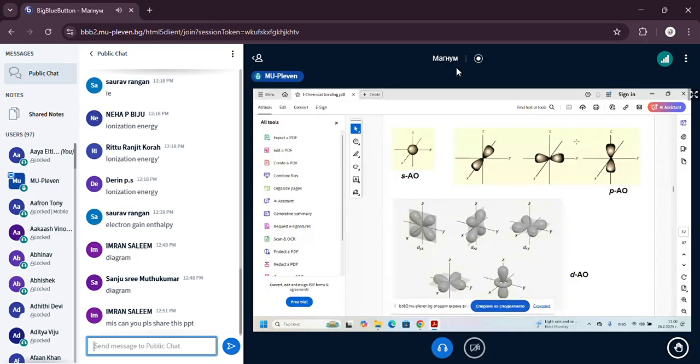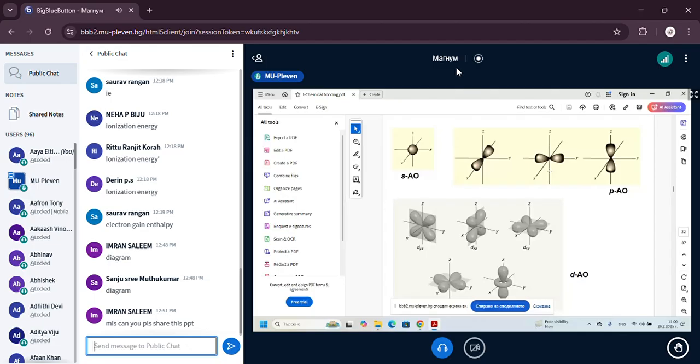These p-atomic orbitals differ only in their direction in space. They have the same shape and the same energy. That's why we say these 3 p atomic orbitals are degenerate, or also equivalent atomic orbitals.